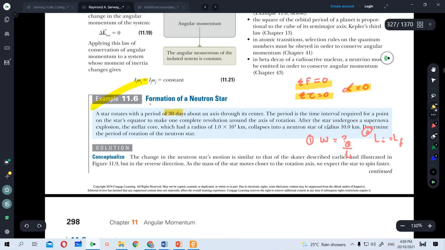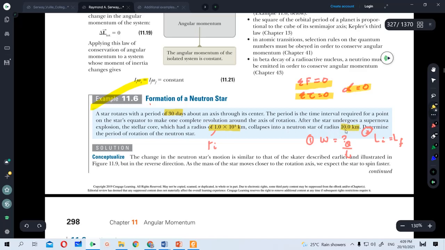After the star undergoes a supernova explosion, dia dah mula berubah saiz dia. Okay, so happens to be that the radius 1 to the power of 4 kilometer, dia dah mengurang. Originally ni, ni original R initial, and it collapsed into something which is much smaller.